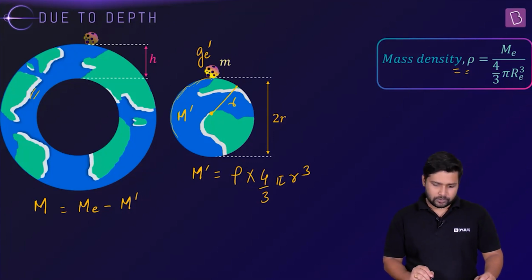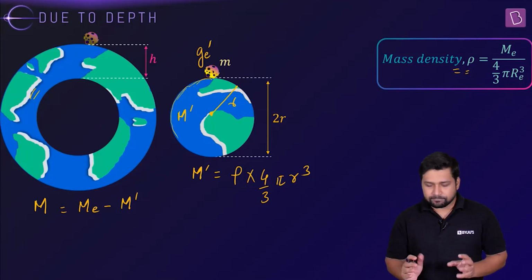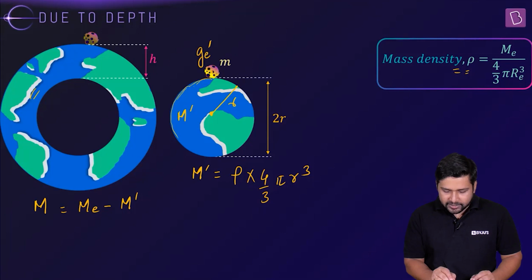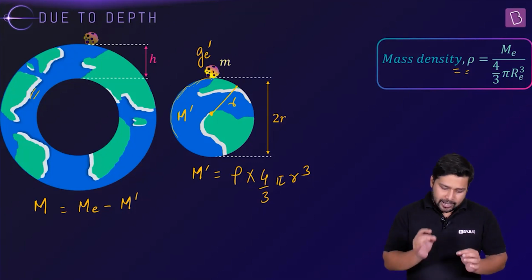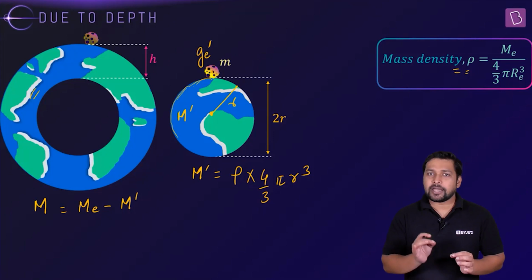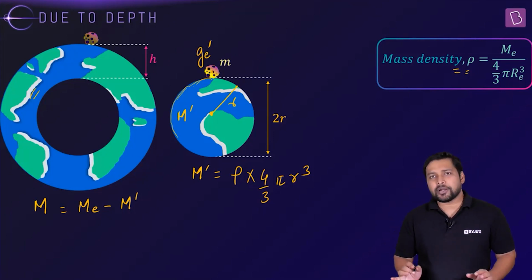Now if you consider these two as two bodies, then I can definitely write the value of the gravitational force on this as G M dash times small m divided by small r squared, right?